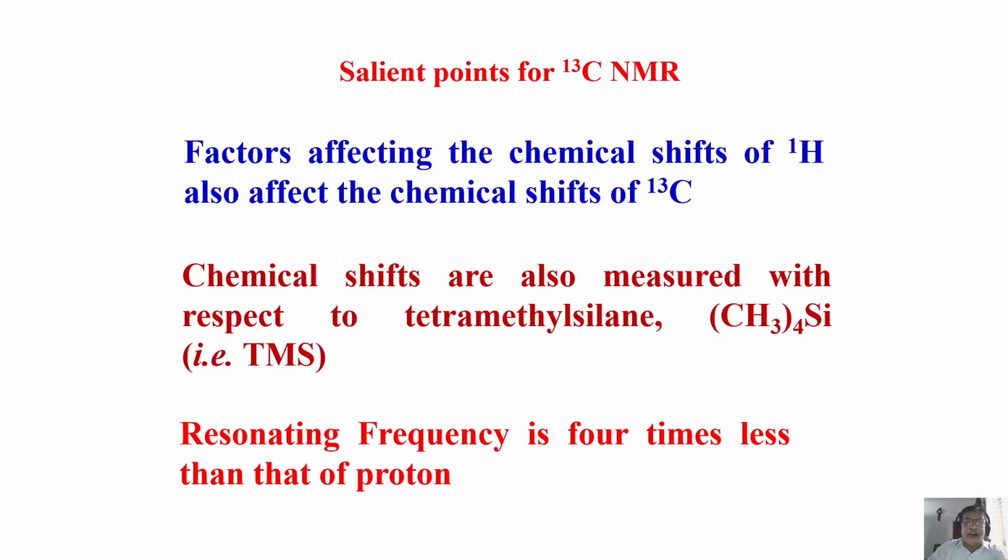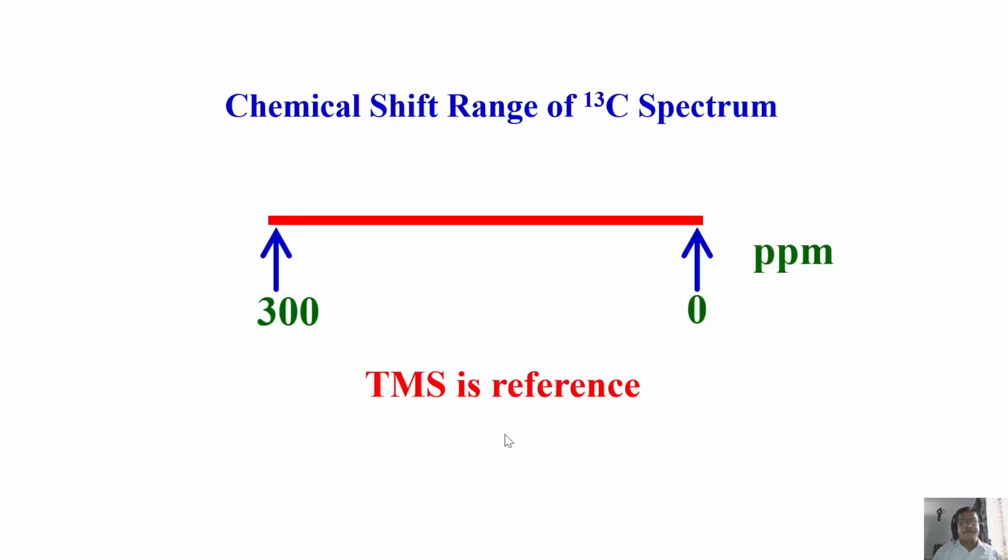The resonating frequency of carbon is 4 times less than that of proton. I hope you don't have to ask me questions. I hope you know the answer why. The reason is the gyromagnetic ratio of carbon is 4 times less than that of protons. As a consequence, the resonating frequency is 4 times less. Of course, it also means sensitivity is 4 times less. We'll come to that later.